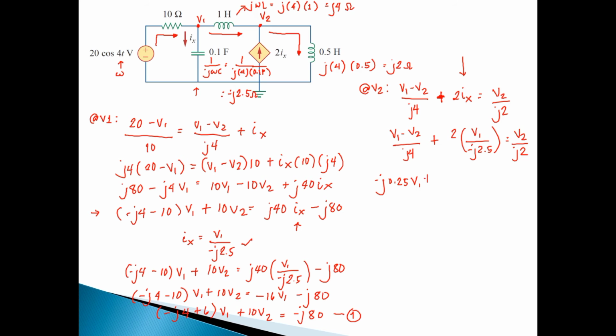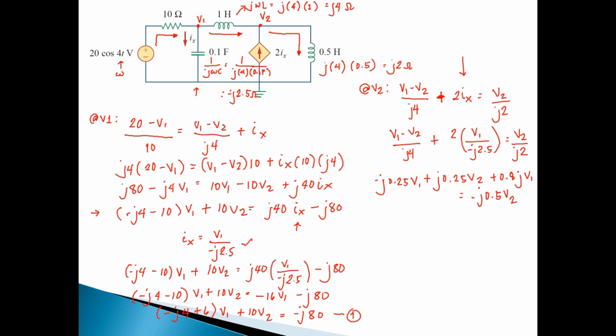Then this will be positive j0.25 V2, and then 2 over negative 2.5j is equal to 0.8j V1 equal to, this is 1/2, so negative j0.5 V2.